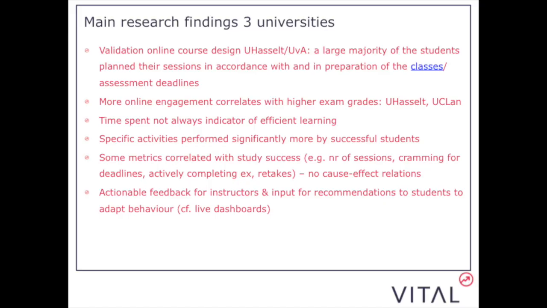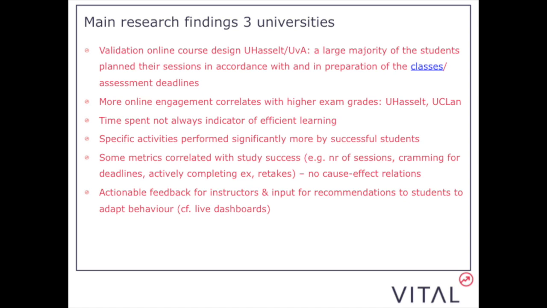So I will close the section on the main research findings with some conclusions for the 3 universities. Some commonalities in the findings. The analysis of the data allowed us, Hasselt University and UVA, to validate the online course design.